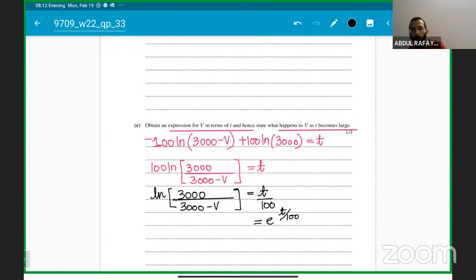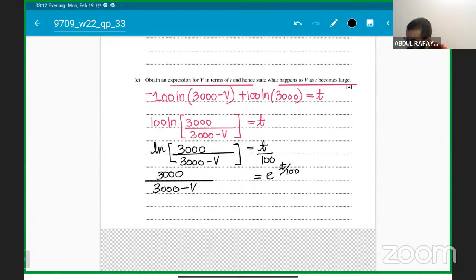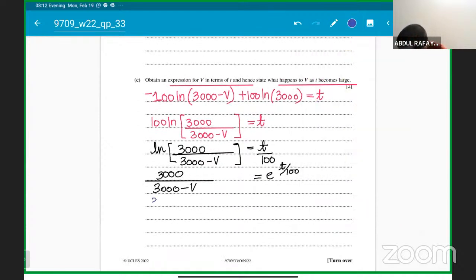This will go above, and you will be left with 3000 divided by 3000 minus v. What you can simply do here is change the variable, because we need v as separate.